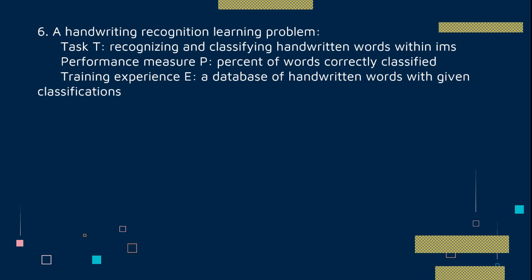Then how do you measure performance? The percentage of words correctly classified. And what is your experience? A database of handwritten words with given classifications. So this is my training experience.